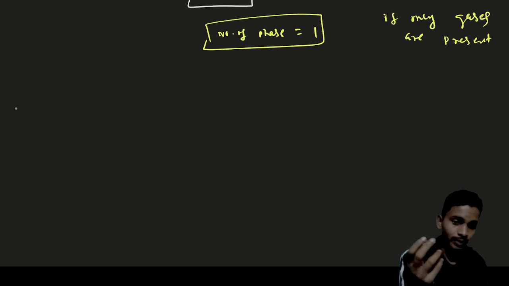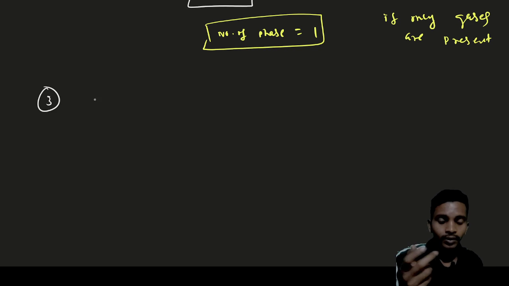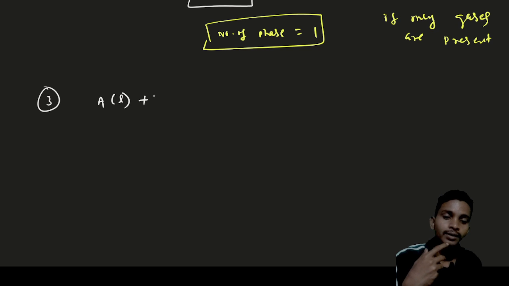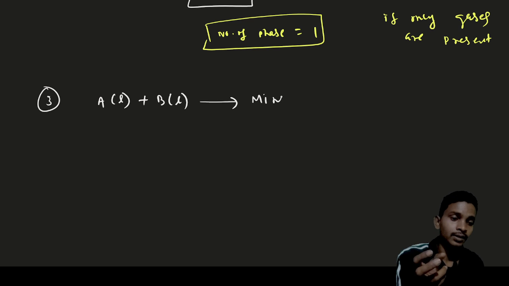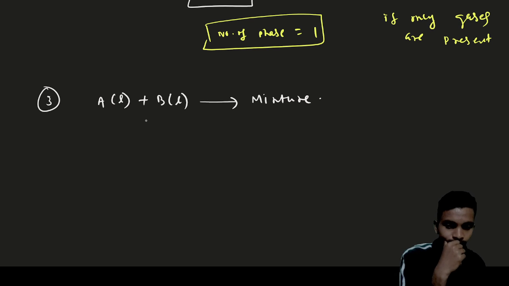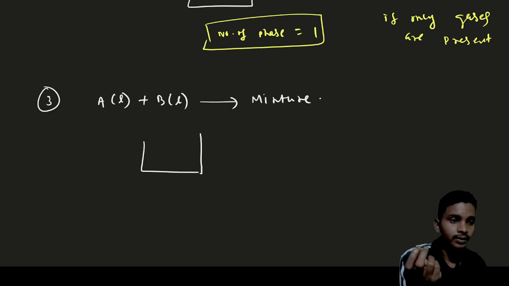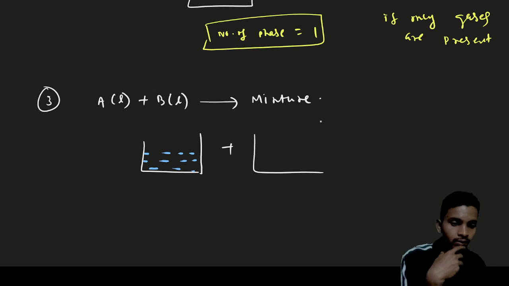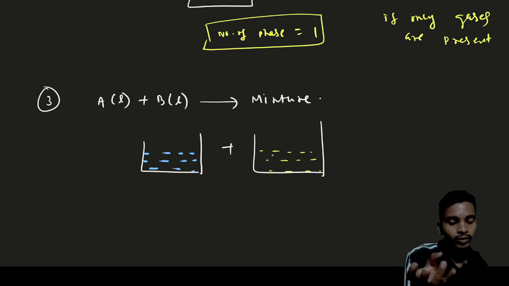Third, we will take that liquids are present. Let's say A is a liquid and B is a liquid, and we mix them. Let's say I am taking one liquid and another liquid with a different color.